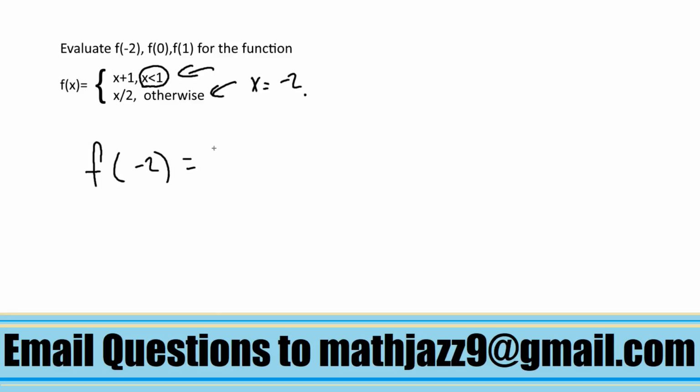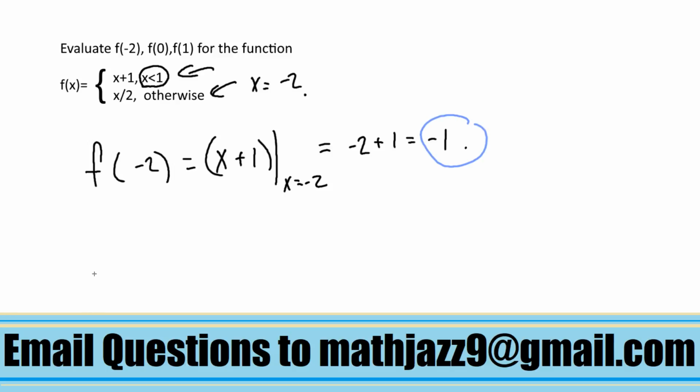So we're going to plug -2 in for x. This line here means that we're going to plug something in to the expression. So x equals -2 gets plugged into this expression, 2 times x plus 1, which is just -1. So our answer is -1.